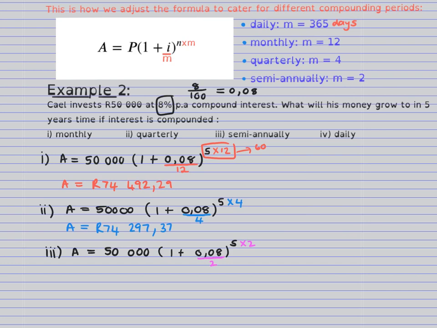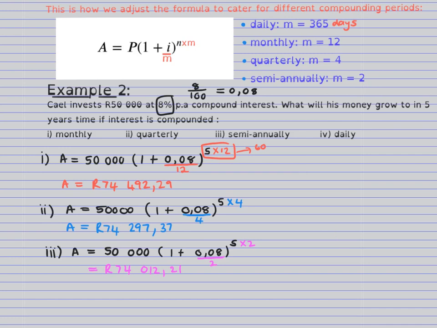We just sub this into our calculator: 50,000 times 1 plus 0,08 over 2 to the power of 10. If he did it semi-annually, 74,012 Rand and 21 cents. So we can still see how the amounts are decreasing the less often I compound.